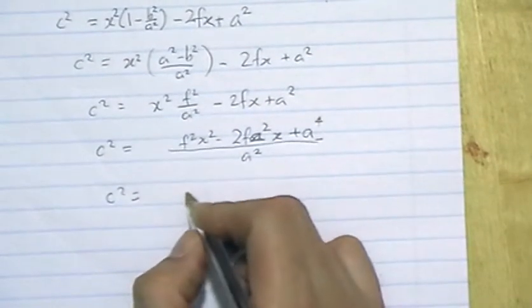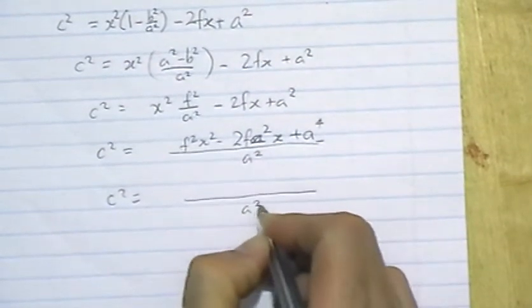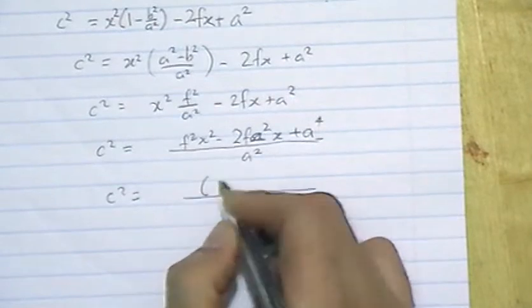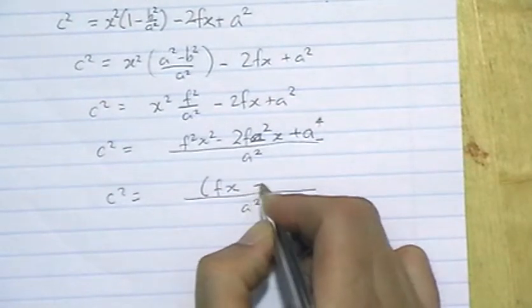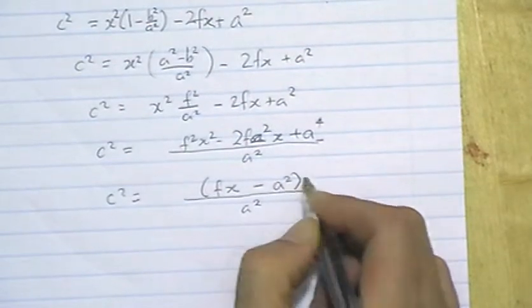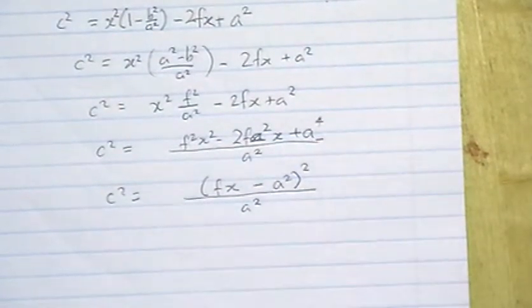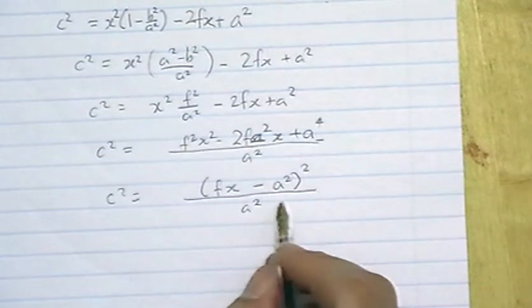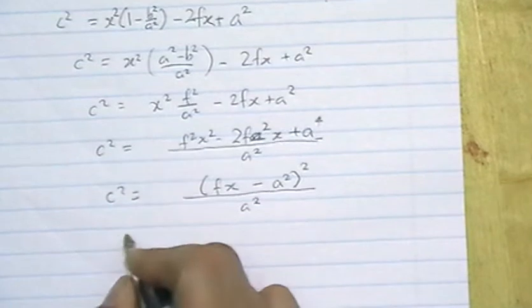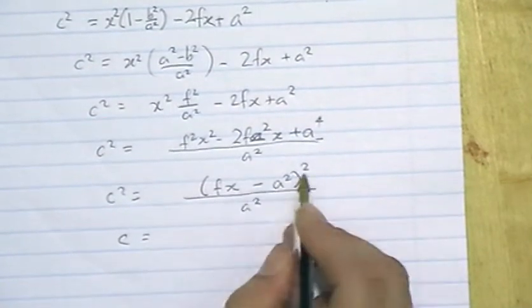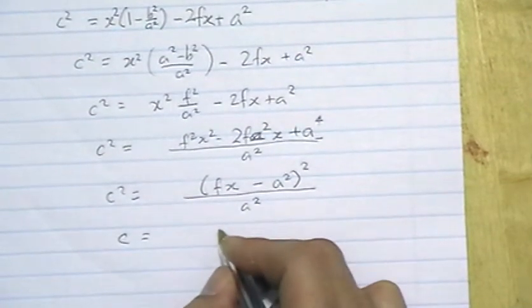This is equal to bracket of fx minus a squared, squared. Now I can finally find c. Just have to take the square root.